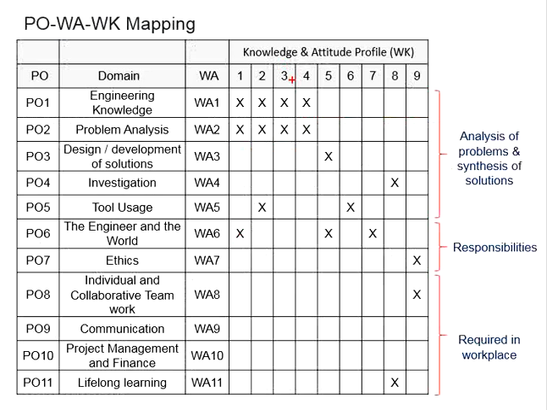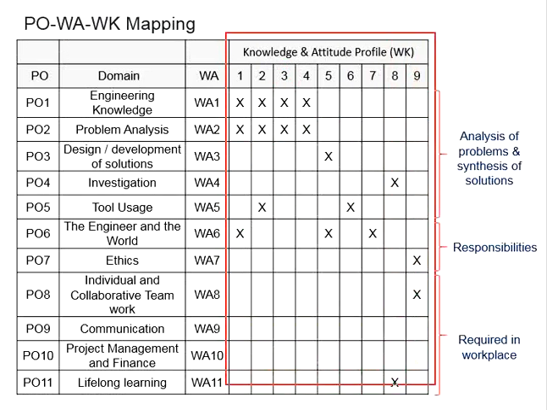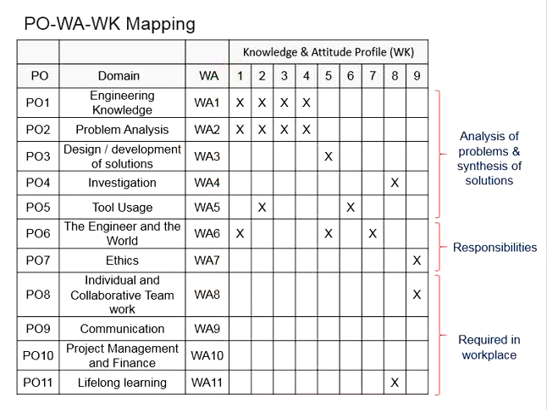We also talk about the relationship between the WKs and the WA. WKs are the knowledge and attitude profile, while WA are the graduate attributes.